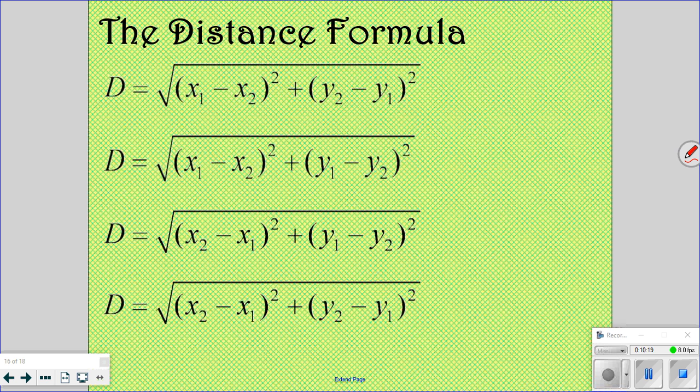You just need to take your x values and subtract them, and then square them. And then take your y values and subtract them and square them. You don't have to have them x2 minus x1 and y2 minus y1. That does not matter. So any of them work. Pick one that you like. It does not matter.